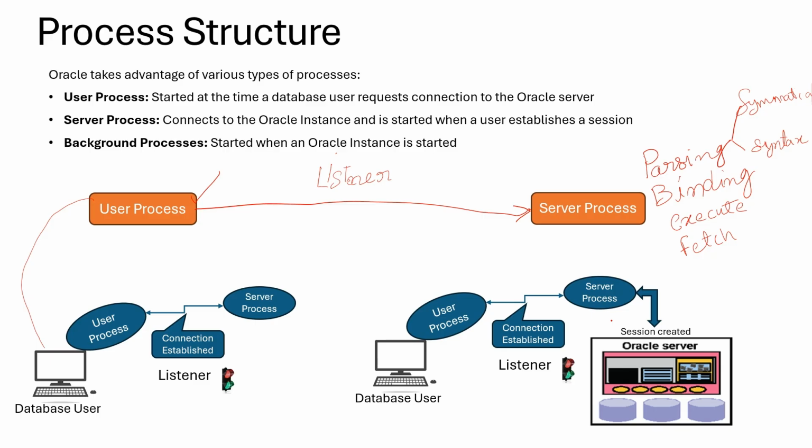Say you're accessing a database and you want to access a table where you don't have a privilege. That will be checked by the semantic check, whether you have access to that particular table or not, and whether that object, the table, is available or not.